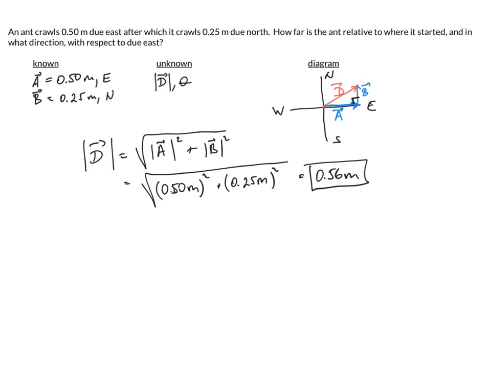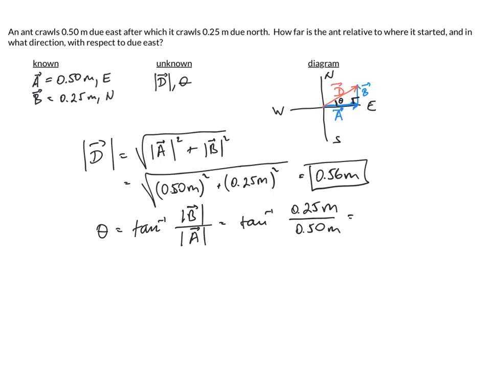But we're also interested in the angle, so the angle is angle theta over here. And we notice that the angle is in a right triangle, so tangent theta would basically be the magnitude of B divided by the magnitude of A, which then means that theta is the inverse tangent of the magnitude of vector B divided by the magnitude of vector A. So that is inverse tangent of 0.25 meters divided by 0.50 meters.